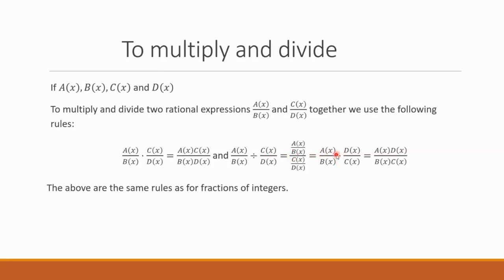You take the reciprocal of the second fraction, meaning you flip it, right? And then you just multiply. So it's just like how you multiply and divide rational numbers. Same idea.